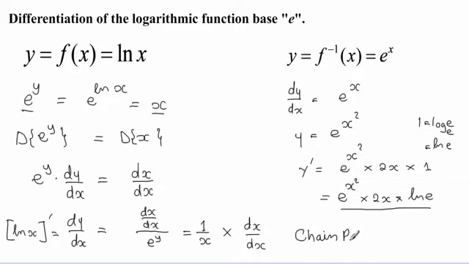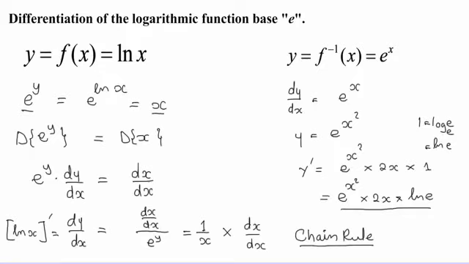We've been using it without giving it a name, but now I think we're familiar with it. We've done it several times. We can now name it the chain rule, and you will see it in your text. So the derivative of the natural log function is 1 over its argument multiplied by the derivative of the argument.